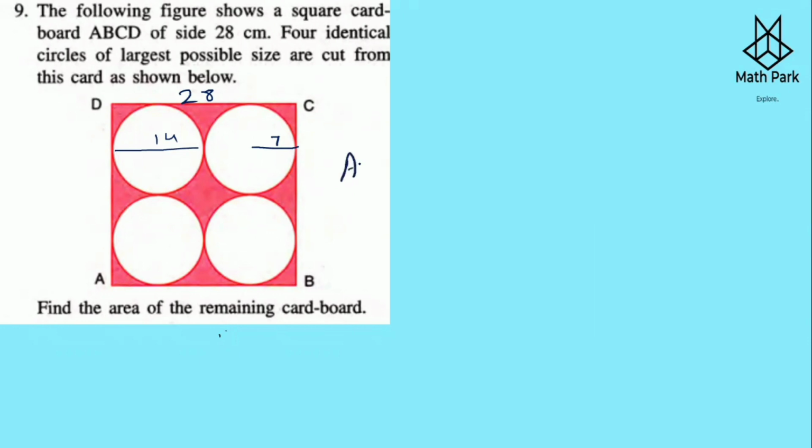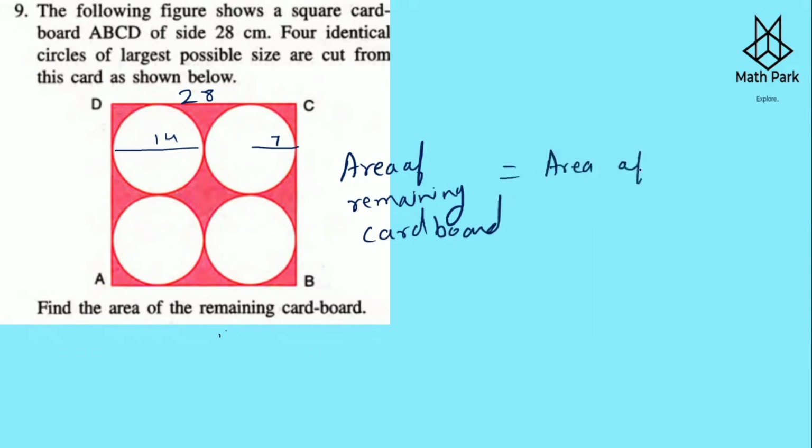Area of remaining cardboard is equal to area of square minus area of 4 circles.